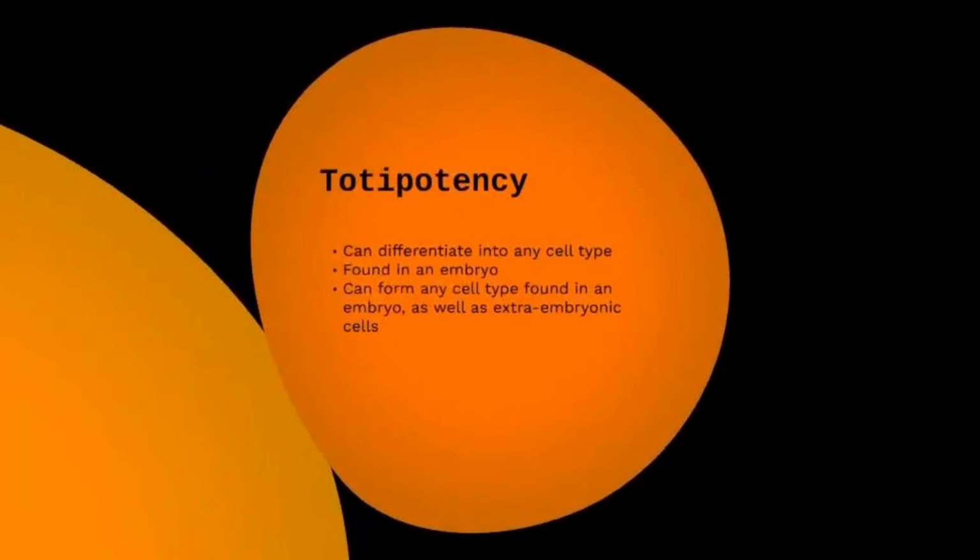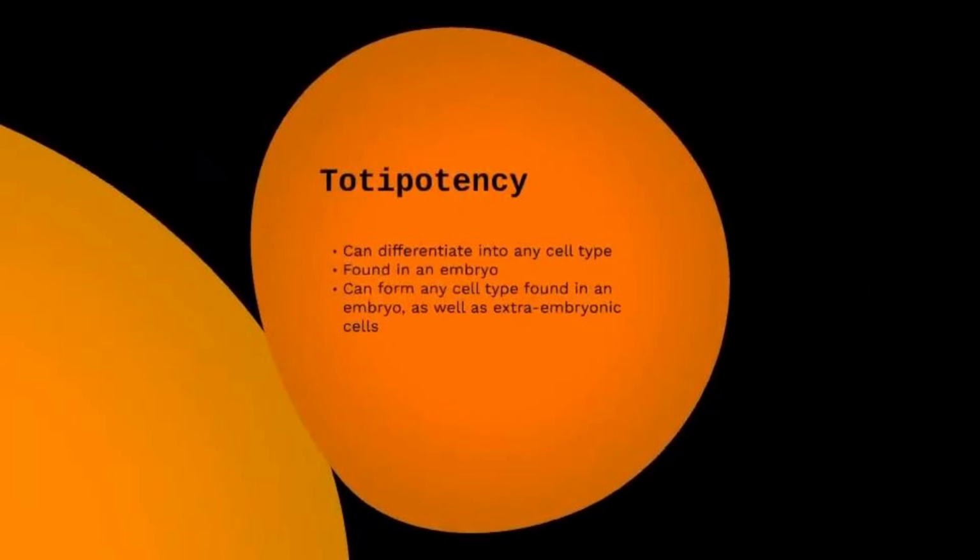So a totipotent cell, or totipotency, means that the cell can differentiate into any cell type, and these types of cells are found in the embryo. And totipotent cells can form any cell type in the embryo, and they can also differentiate into extra embryonic cells like the placenta and things like that.